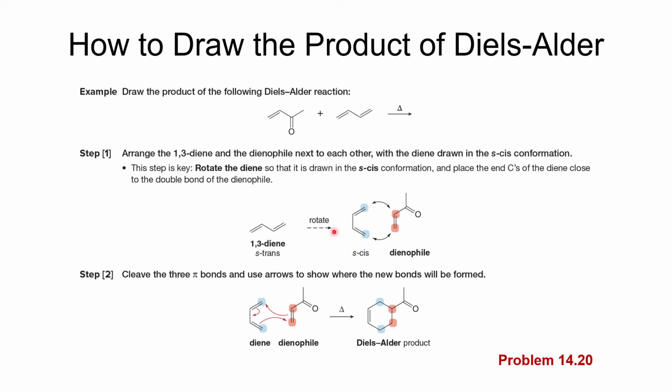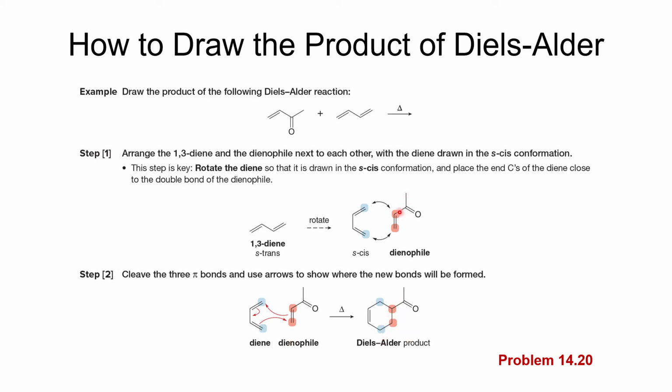So we'll need to take it and rotate it around, and for simple compounds, that's super easy to do. Then you'll want to line up the dienophile so that it is adjacent to our diene, and that makes it easy to do the curved arrow notation to help us show where the bonds are broken and made. Once you do that, you do curved arrow notation and you draw your new Diels-Alder product.